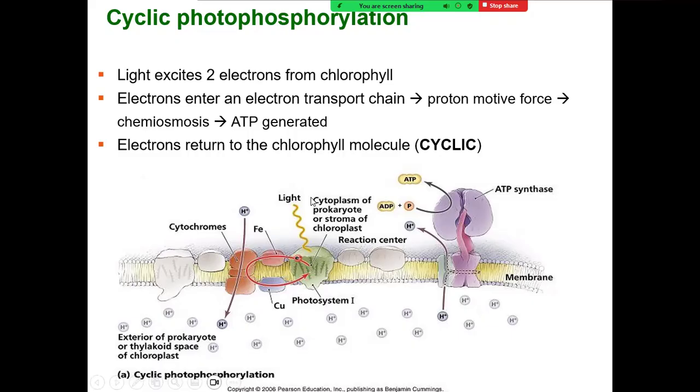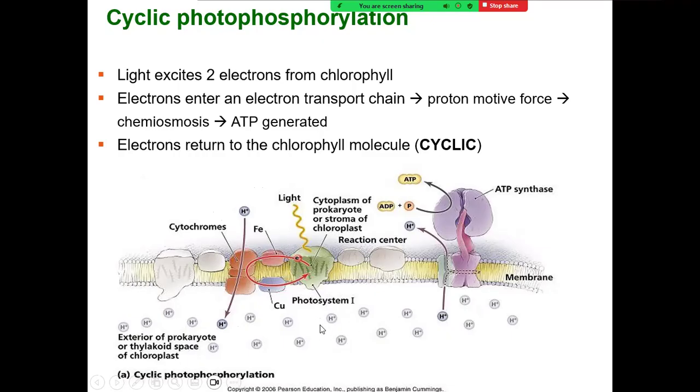Well, when the electron moves through this protein in the membrane, it gives the protein the energy it needs to pump hydrogen ions from this side of the membrane to that side of the membrane. This will create a twofold gradient. There will be more hydrogen on this side of the membrane than on that side, and more positive charge on this side than that side.